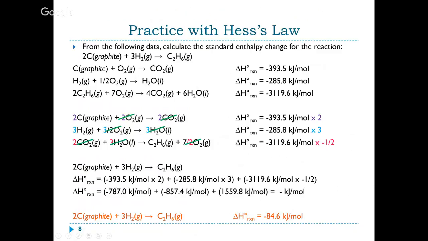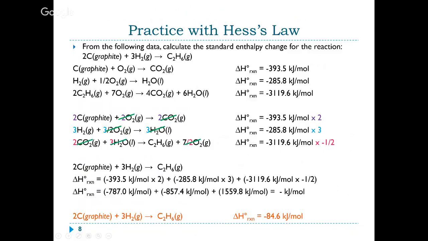So all of my oxygens cancel out. 2 moles of CO2, 2 moles of CO2 cancel, 3 moles of water, 3 moles of water. So this tells me that yes, I did the equation manipulation correctly. So that means that the things that I did over here to the enthalpy will be correct as well.